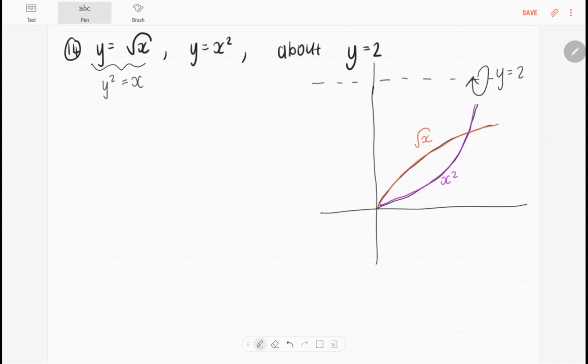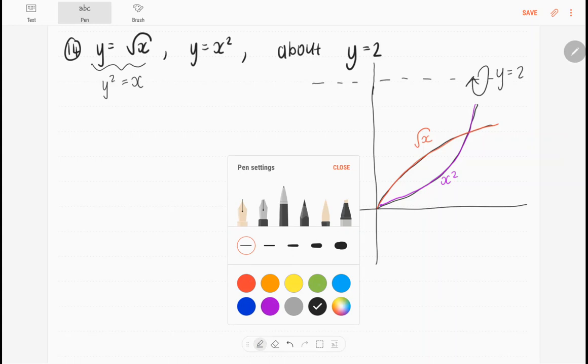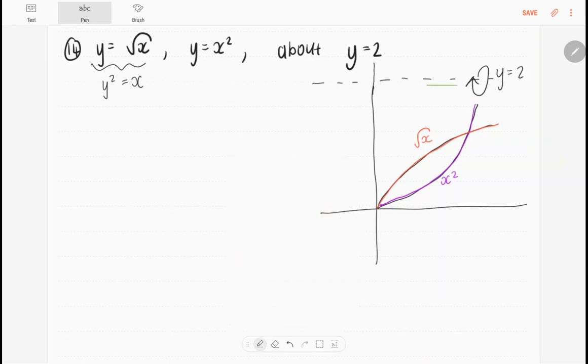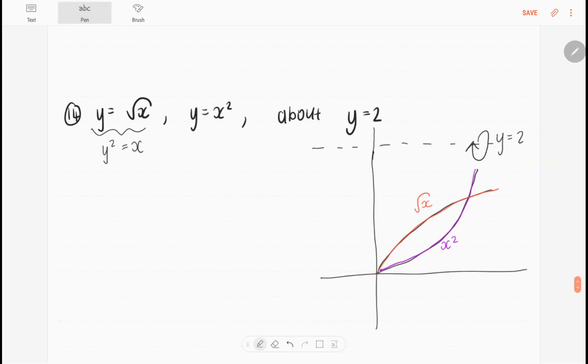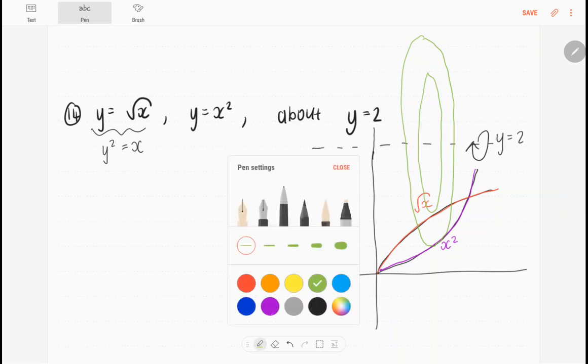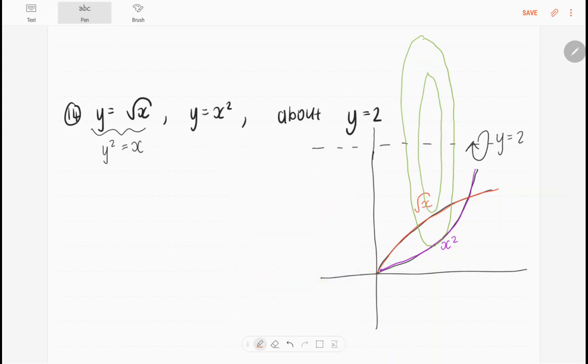So let's draw in what a washer will look like. A washer will look something like this. There we will have our inside radius and then our outside radius. Let's draw it in like this.